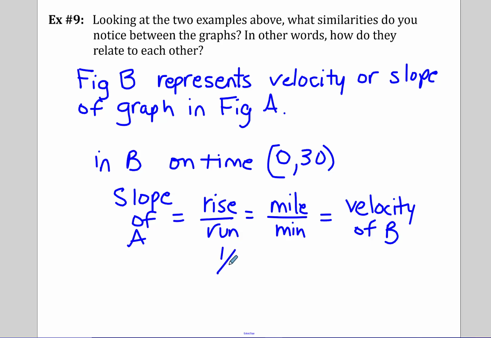So the rise over run was 1/2. That was the slope on the A graph, and it was the velocity, a constant straight line on the B graph.